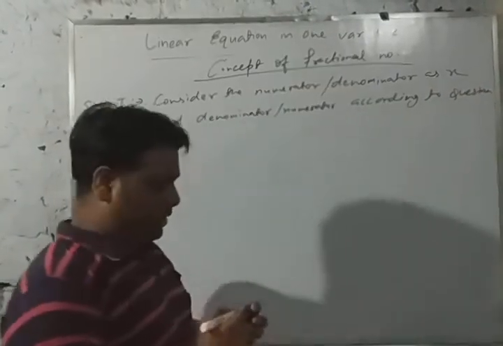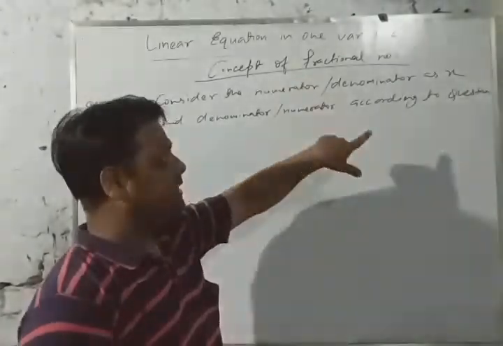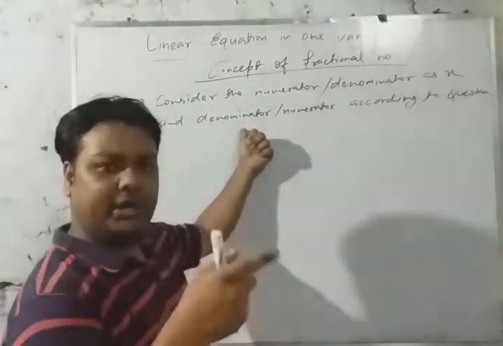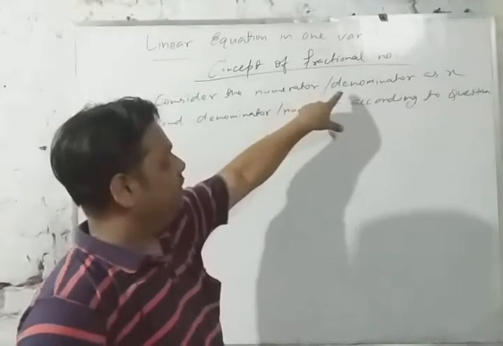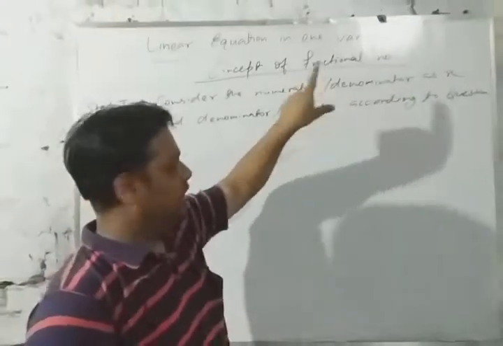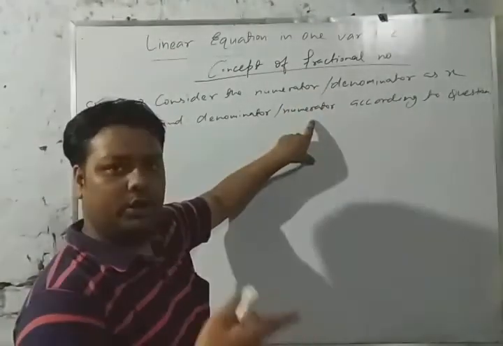Means if you assume numerator as x, then you have to assume denominator according to question. If you assume denominator as x, then you will assume numerator according to question.